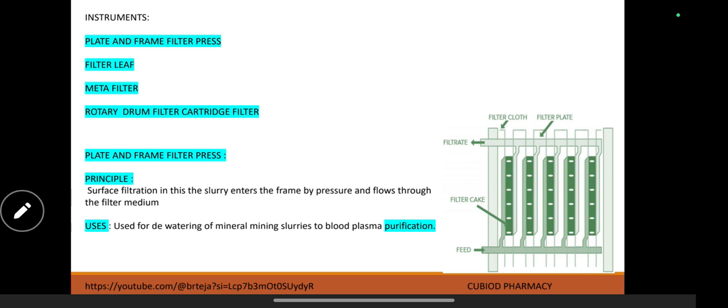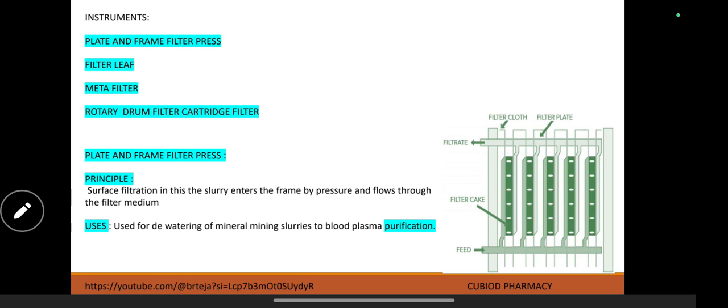Let's start with the plate and frame filter press. Principle: surface filtration, in which the slurry enters the frame by pressure and flows through the filter medium. Uses: dewatering of mineral mining slurries, blood plasma purification. This is called plate and frame filter press.